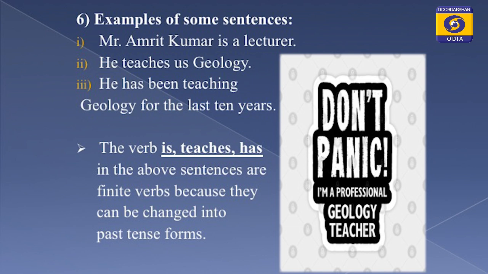Similarly, come to the third example, he has been teaching geology for the last 10 years. Same, he is the subject here, but in the predicate part, has been teaching is the verb. But which one? Here in the verbal group, there are 3 words. Which one is the finite verb?